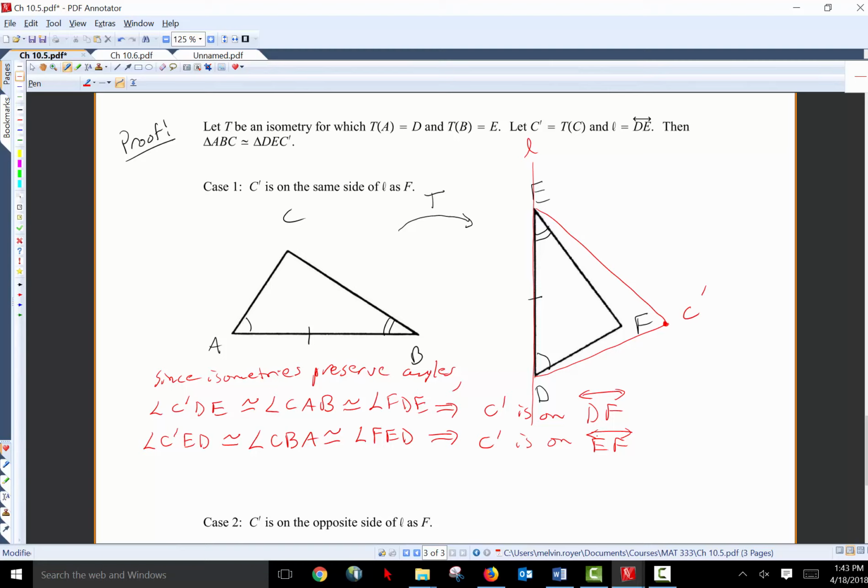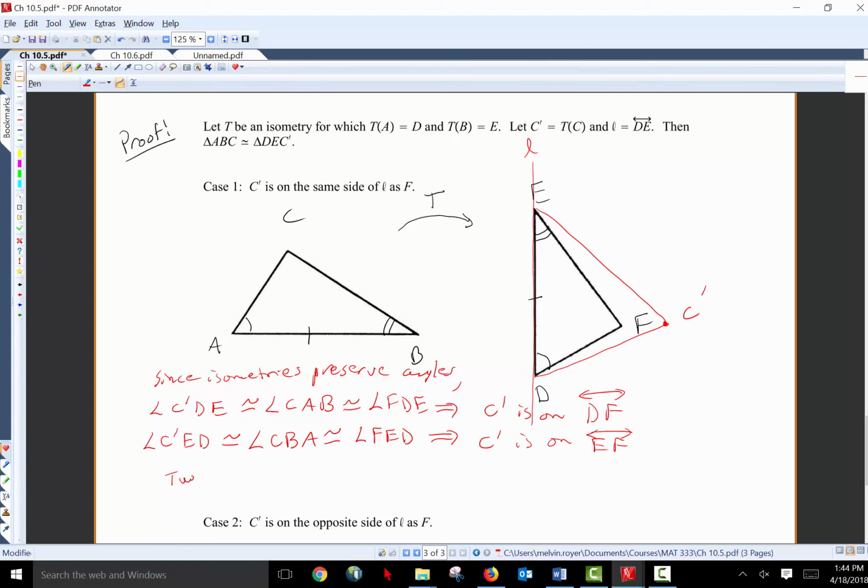Well, the pinchers are squeezing together. I know that C prime is on both of these two lines. In other words, those two lines intersect at C prime. But I also know another point on both of these two lines, right? F specifically. So if the two lines intersect at C prime and the two lines intersect at F, the only choice is that C prime and F have to be the same point.